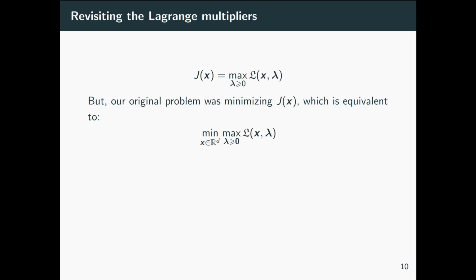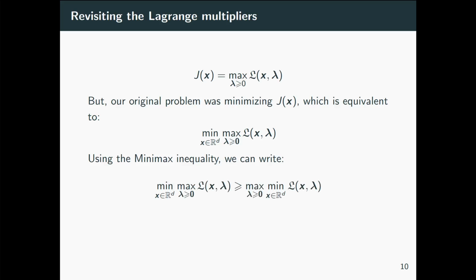But just a few minutes back we looked at the minimax inequality. If we write it down here, we can write that the min max over the Lagrangian function is greater than or equal to the max min over the Lagrangian function.